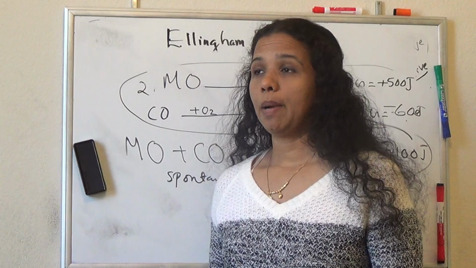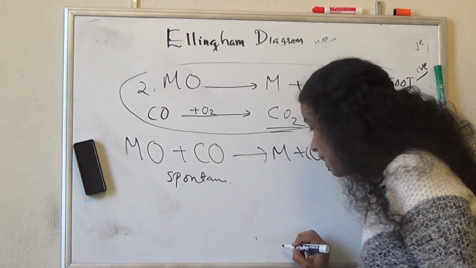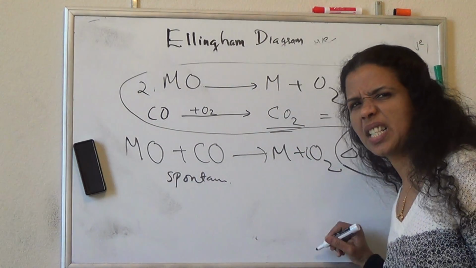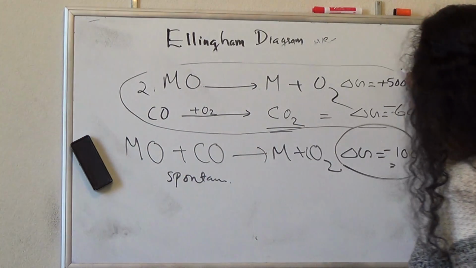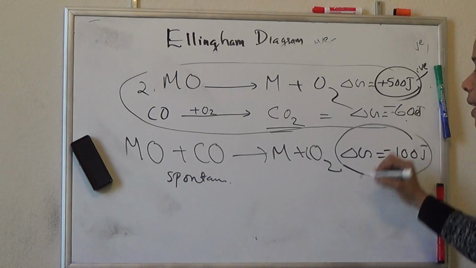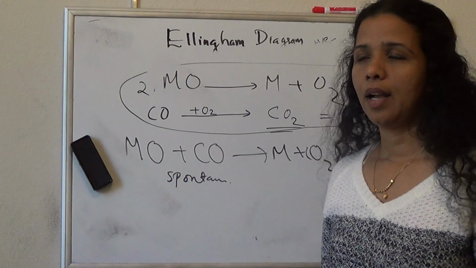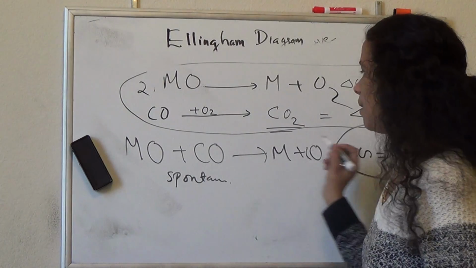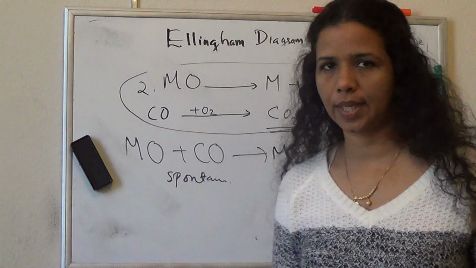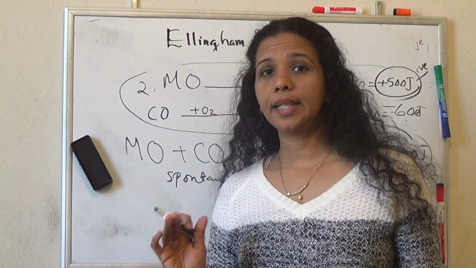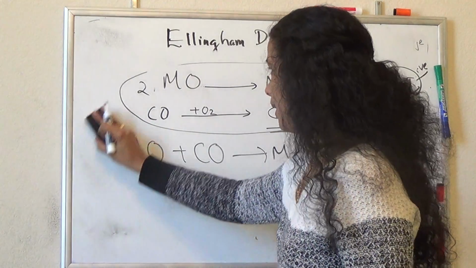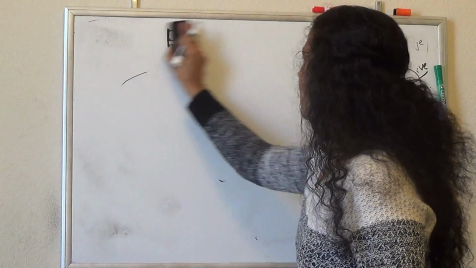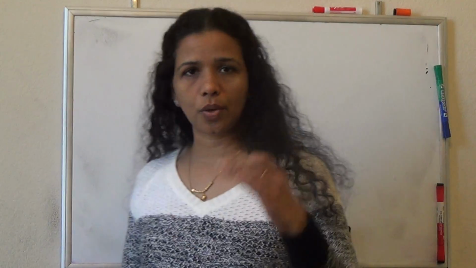But some other metals that are lying exactly down in the Ellingham diagram have very high positive value for delta G. We cannot make the delta G negative by coupling an appropriate reducing agent. In that case, we will use electricity, that is called electrolytic reduction.